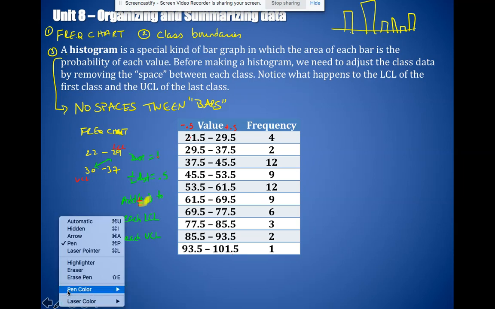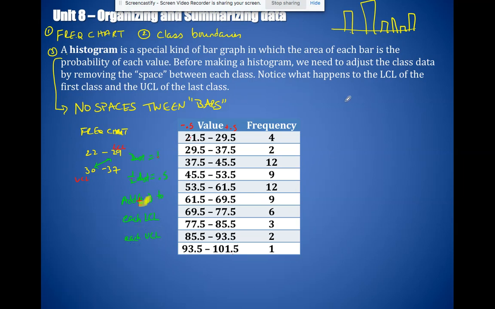So some vocabulary. We already talked about class width. Class width is UCL minus LCL, not the class boundaries. The literal upper class limit minus the lower class limit. No. Gosh darn it.